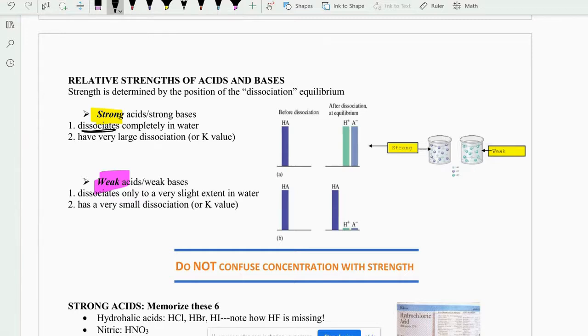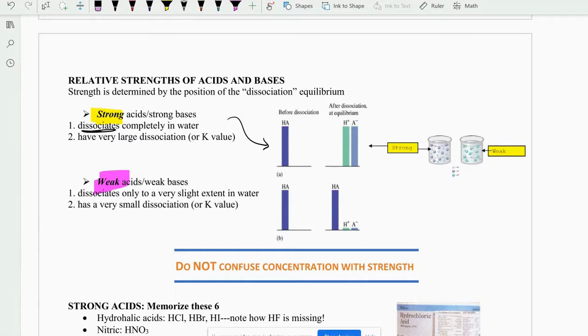when we put it in water. All right, you can see here from the graphs that before your disassociation, you have some acid. And you can see that this is an acid, you guys. I can tell because it's starting with a hydrogen. And I believe they're using the letter A for acid. What's going to happen here is it is going to completely disassociate, almost 100%, into its hydrogen protons and whatever anion is attached to it.